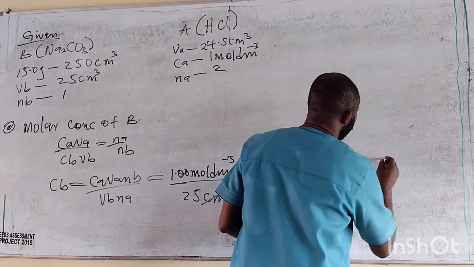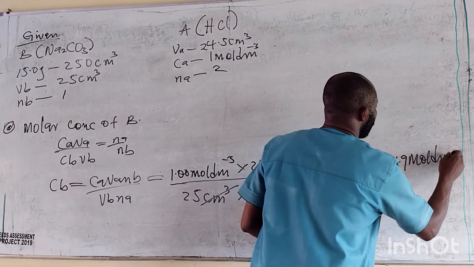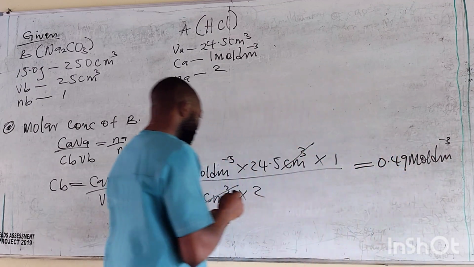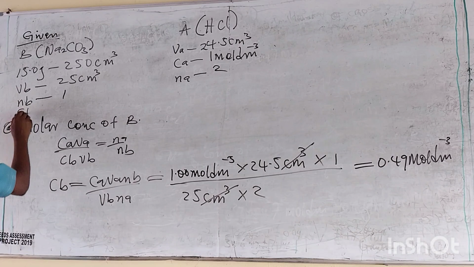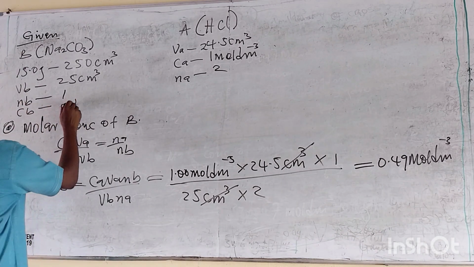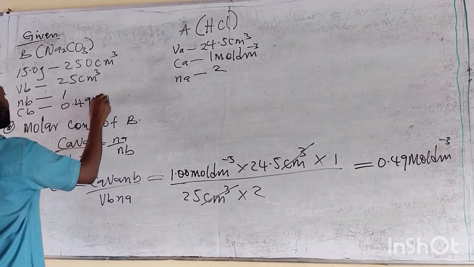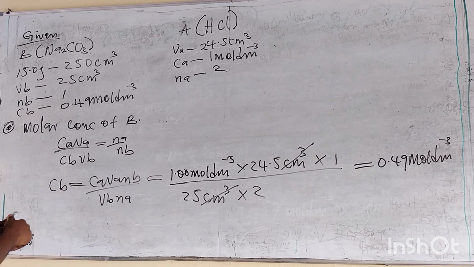So this is 0.49 mole per dm³. That is the molar concentration of the base, CB. CB is 0.49 mole per dm³. So we've gotten our molar concentration of the base.